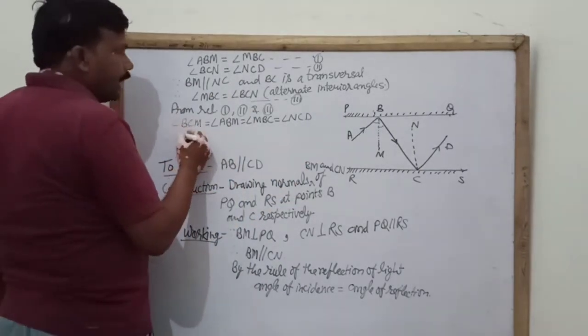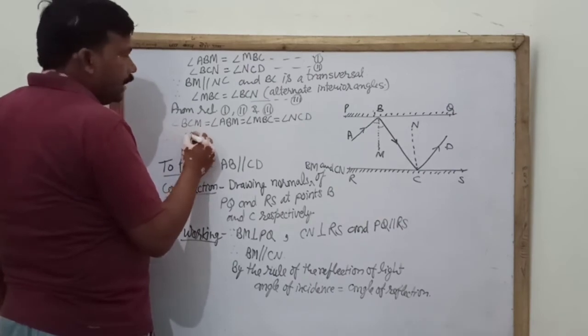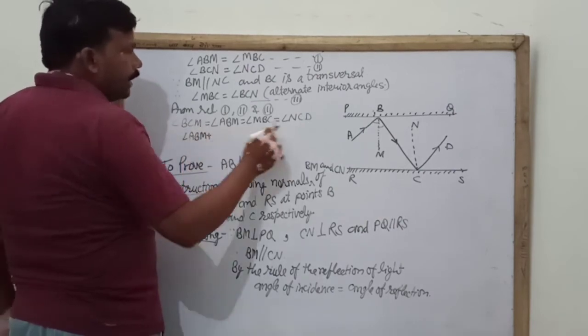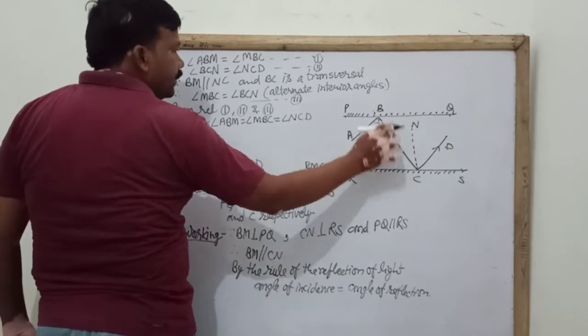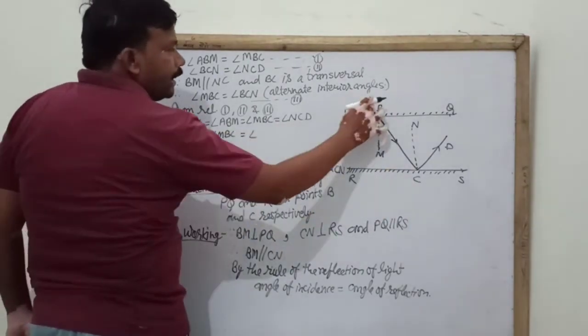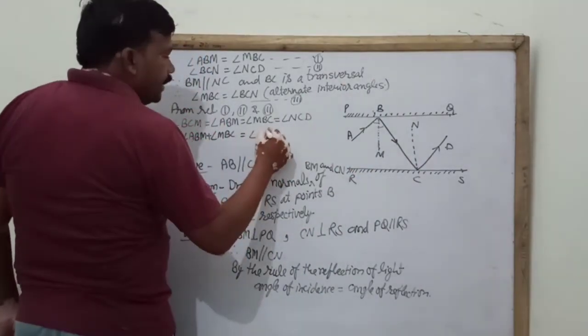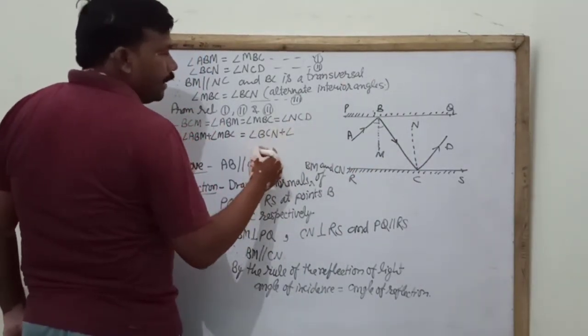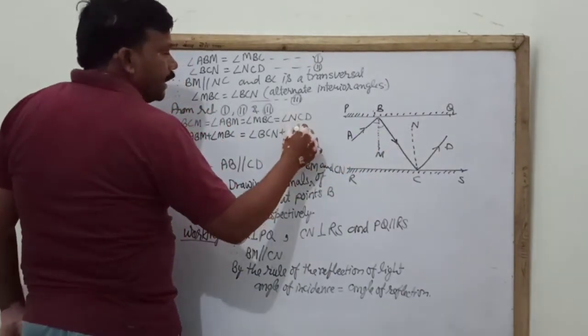Then we can write angle ABM plus angle MBC equal angle BCN plus angle NCD.